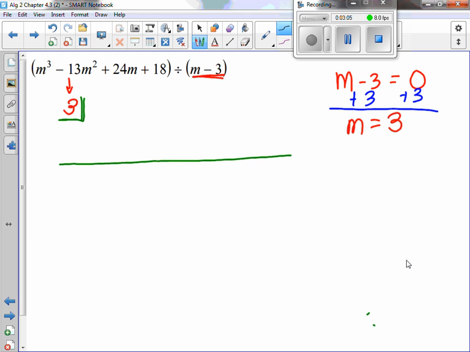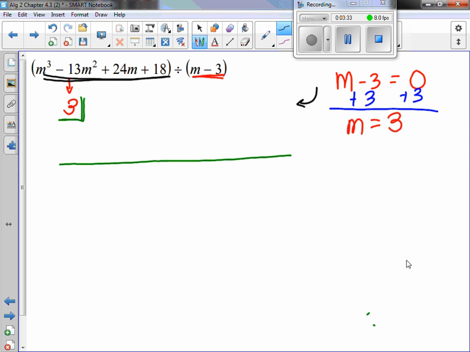Okay. What we have next is what's going to go along this here. We're going to put all the numbers in front of what we're dividing, the dividend. We want the constant terms, the numbers. We do not want the variables. And I want them in order. First is m cubed.